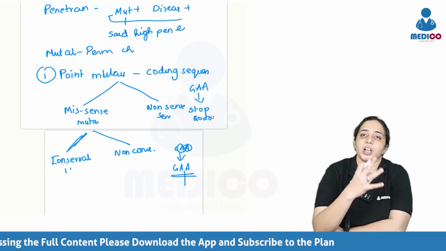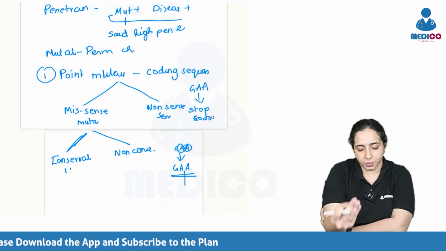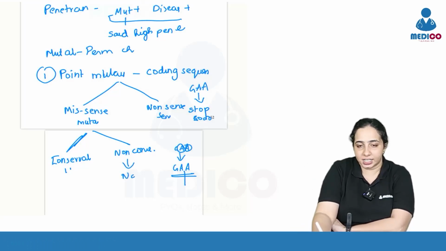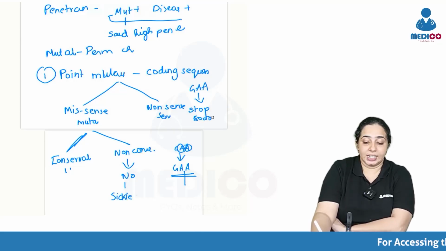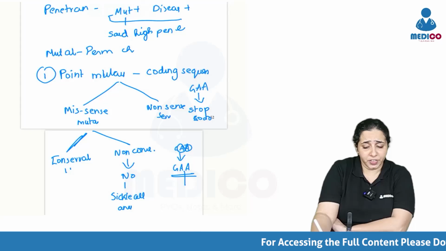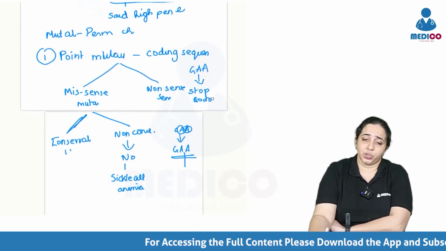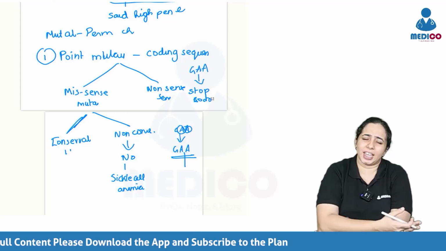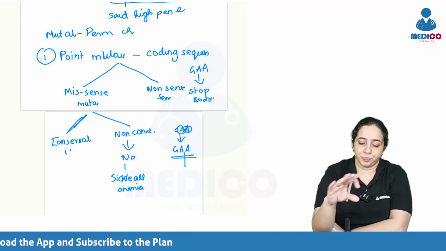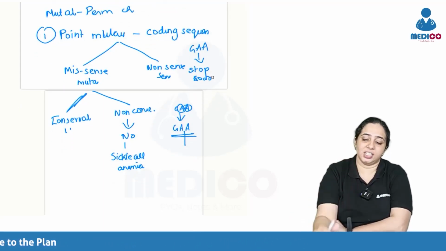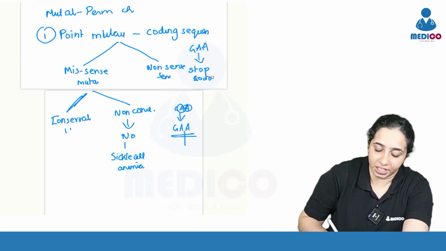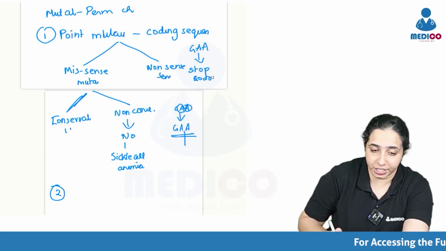Instead, if because of a mutation a different amino acid is getting formed, that is a non-conservative mutation. For example, you have your sickle cell anemia. In sickle cell anemia, you have glutamic acid being replaced by valine. So that causes a difference, and that is sickle cell anemia. Now, that is mutation within the coding sequence.